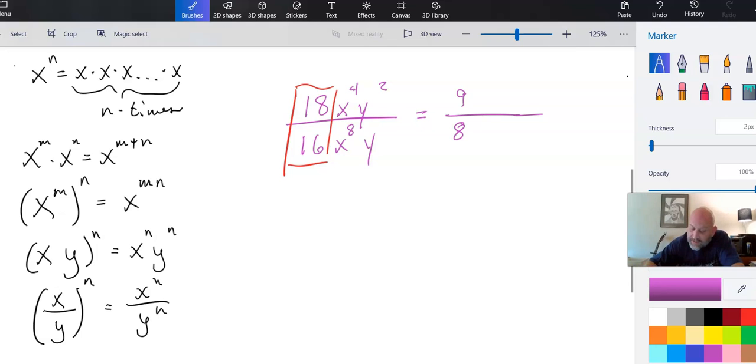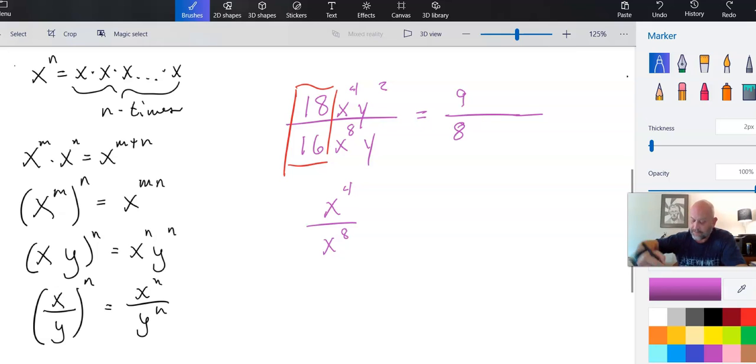Now, the variables, I like to handle one variable at a time. So I'm just going to look at the x's. I'd really rather you do this in your head, but this is what's happening. You forget about everything else except the variables you're dealing with. So I'm pulling out x to the fourth over x to the 8th.